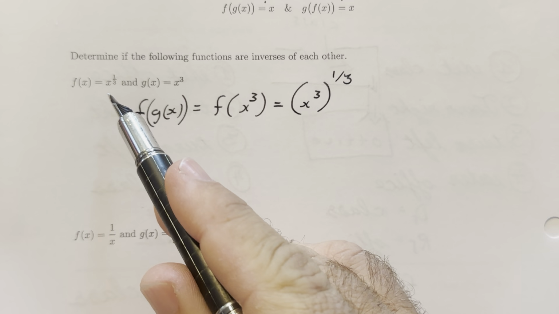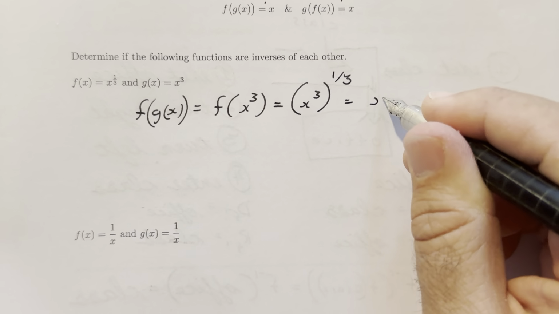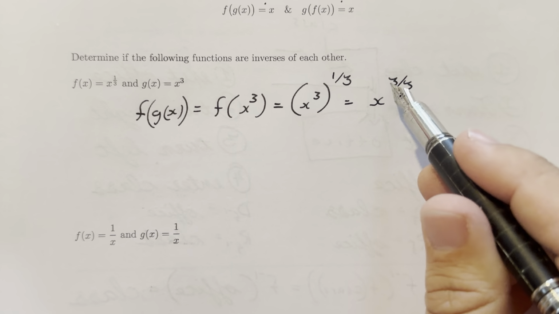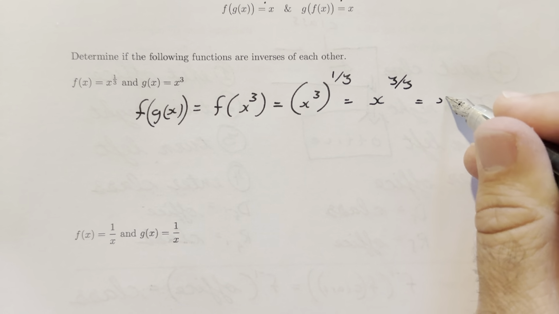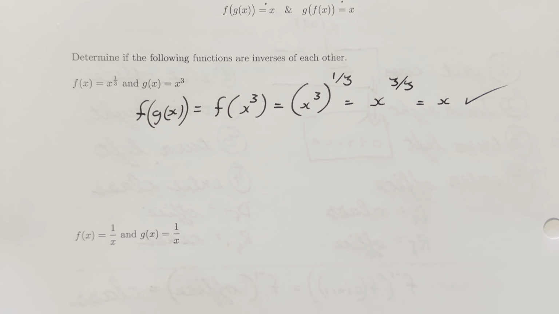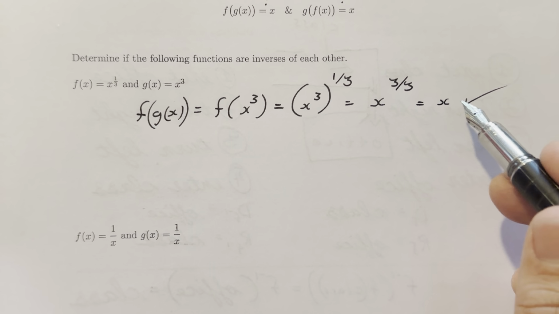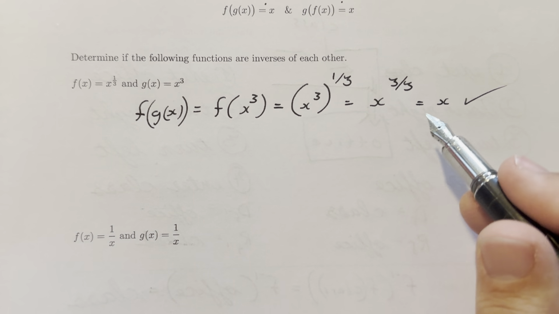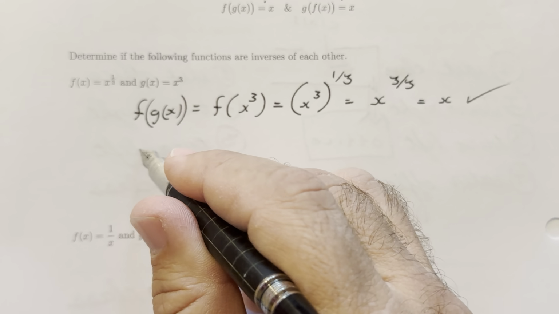Plugging that into here, this works like this: 3 over 3 is 1, and that equals x. So far, so good. Note that I just put a check mark there, right? I did not set it equal. I did not try and solve for x or anything silly like that. That's all I did.